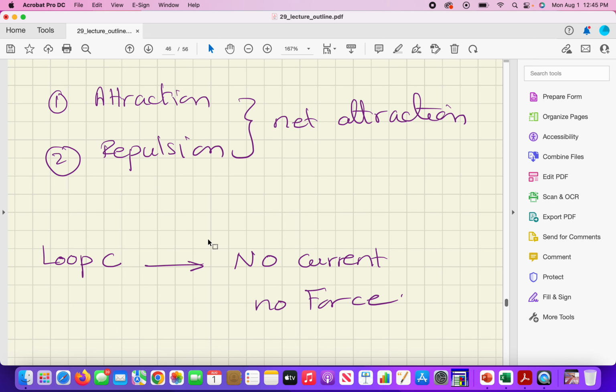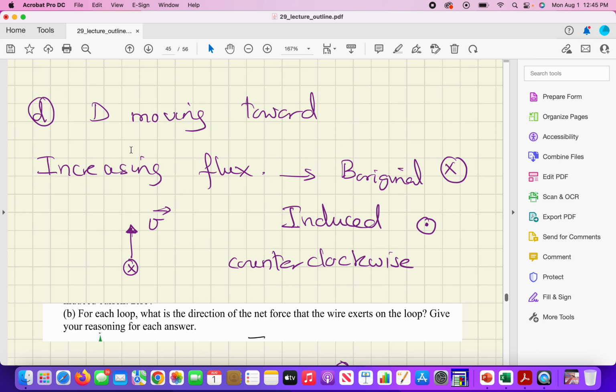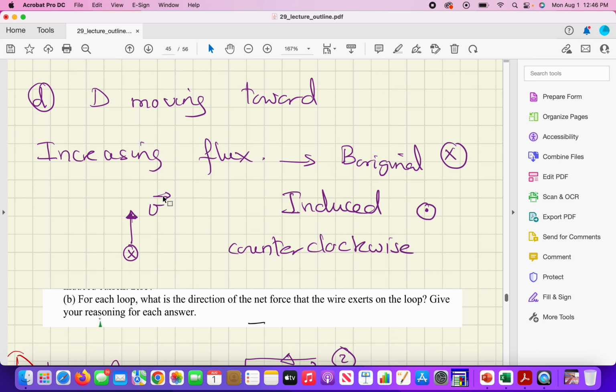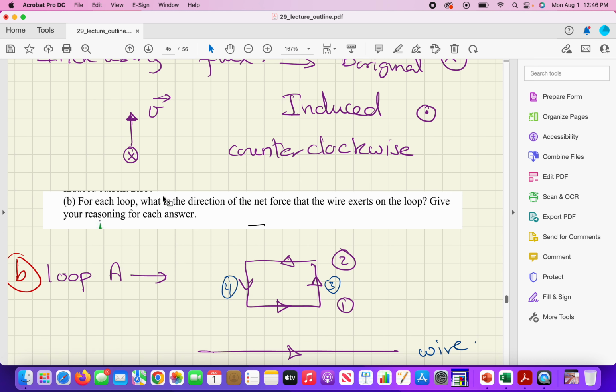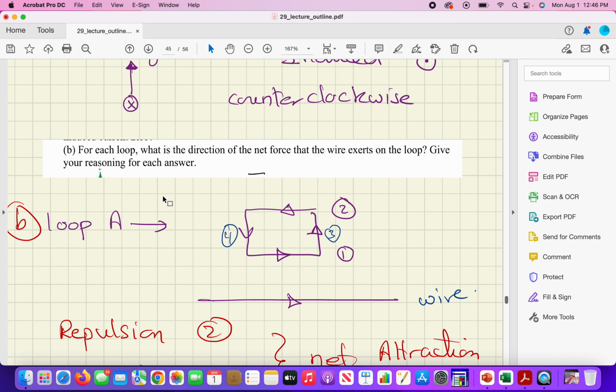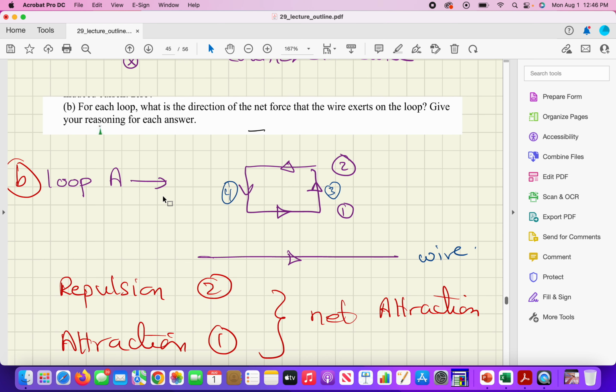For each loop, what is the direction of the net force that the wire exerts on the loop? We can do this in two methods.